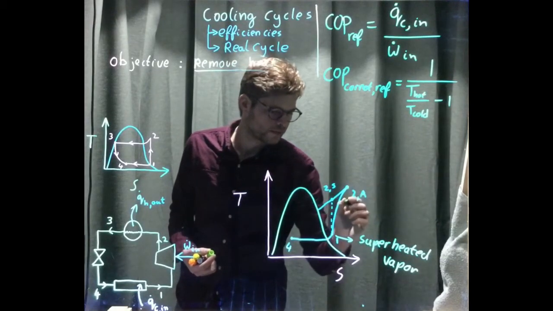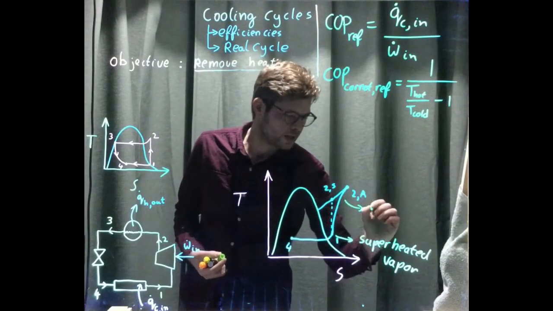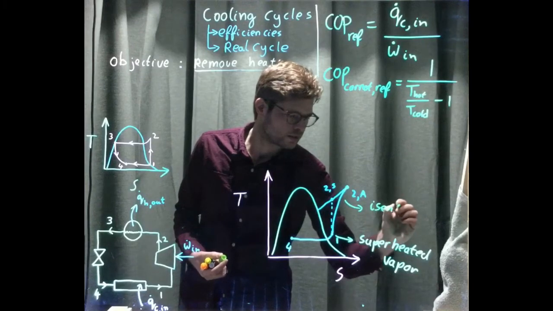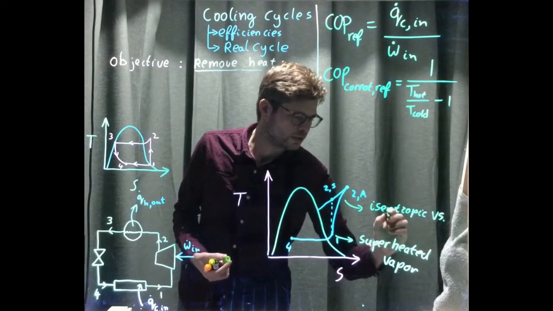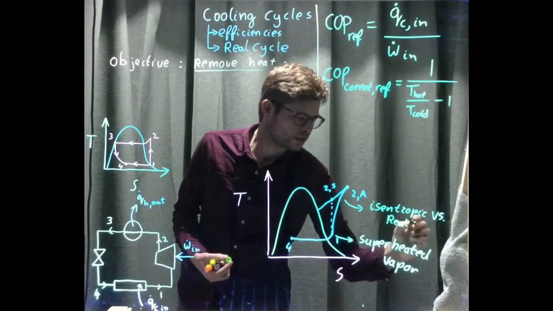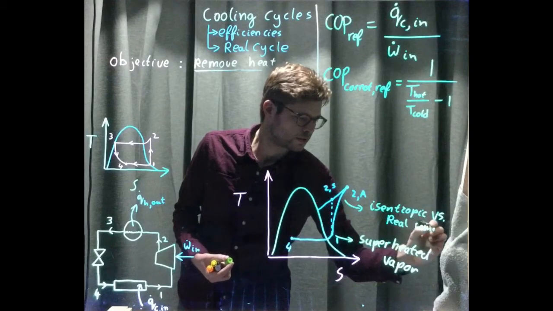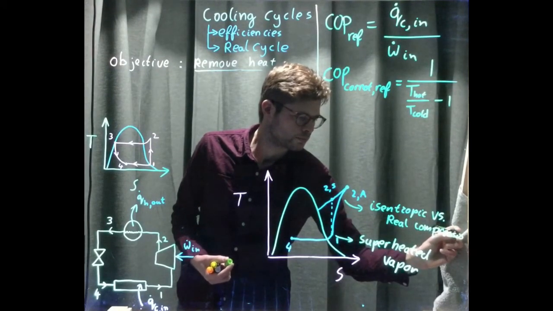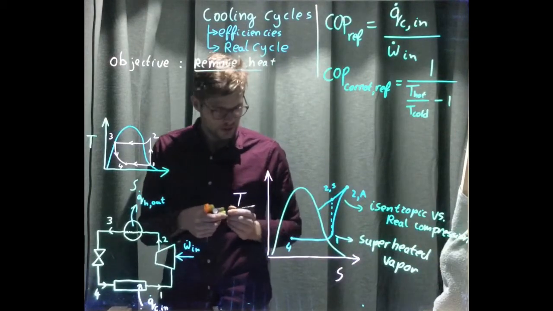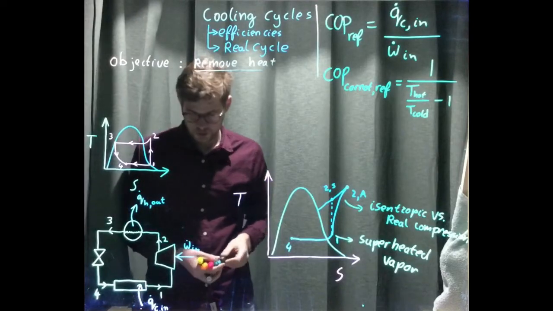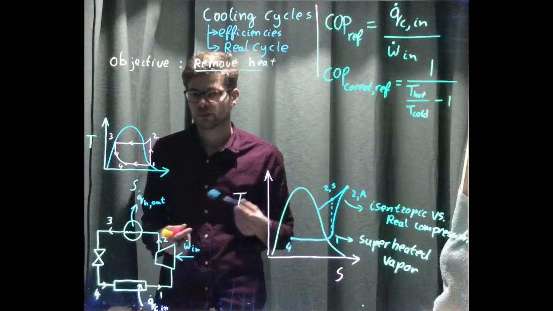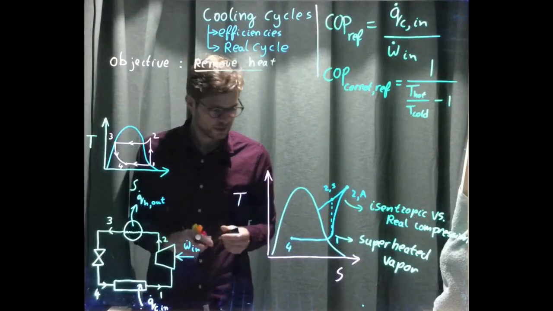Over here we have, of course, isentropic versus a real compression. So that may be a difference between the real cycle and the ideal cycle.